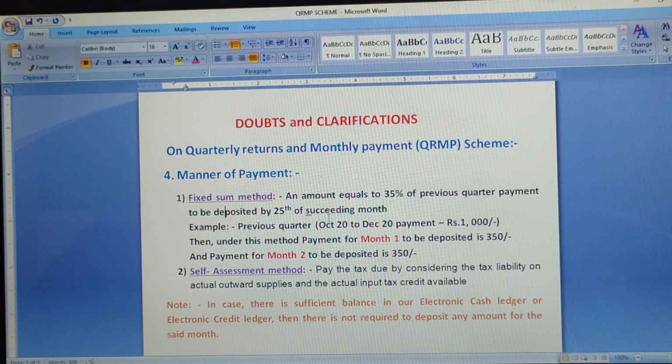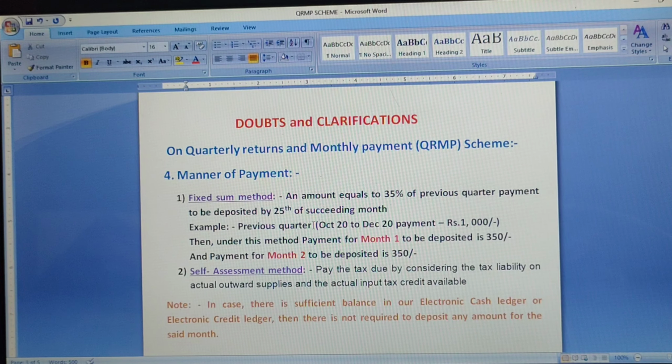Suppose, for example, from October to December you have made a payment of 1000 rupees for the previous quarter. Then from January 2021, you have to pay 35% of the previous quarter, that is 35% of 1000, that is 350 rupees for month 1.